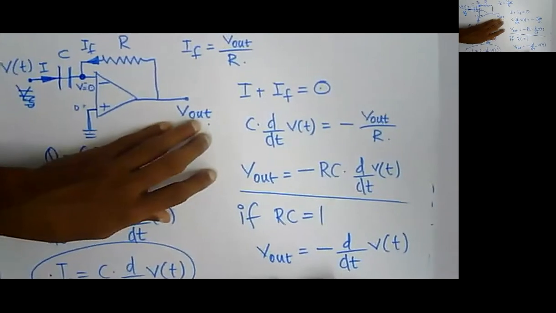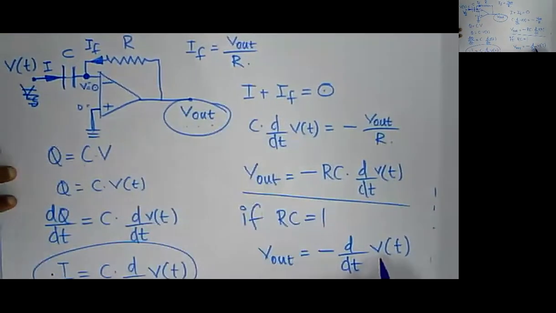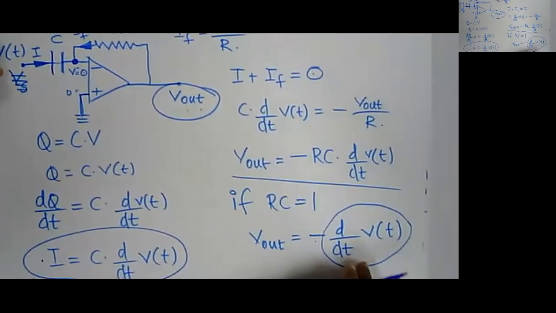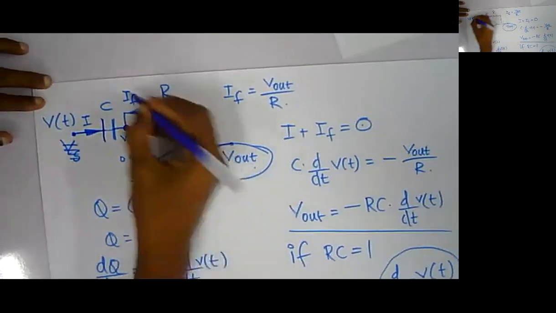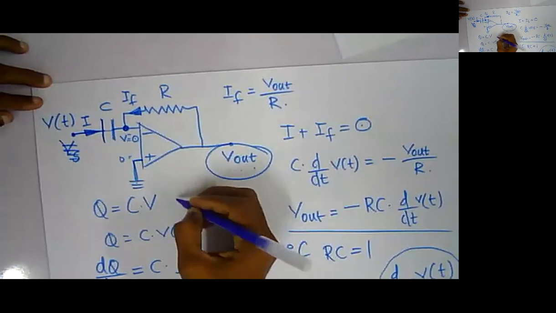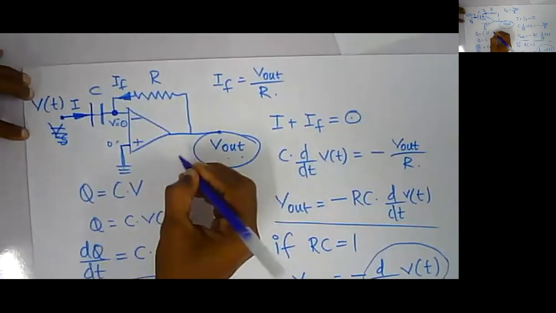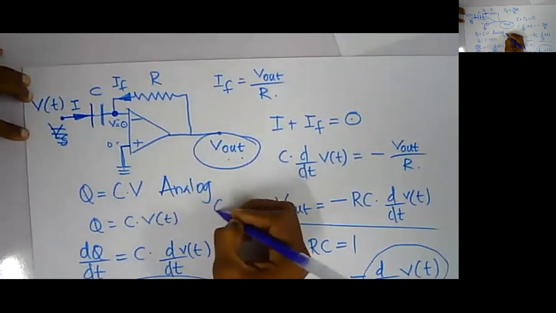So I can simply say that my output is the minus of the differentiated version of my input. My input V of t is being differentiated by this circuit, so I can call this circuit an analog differentiator.